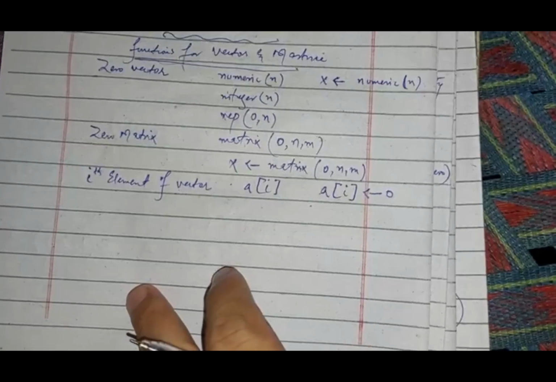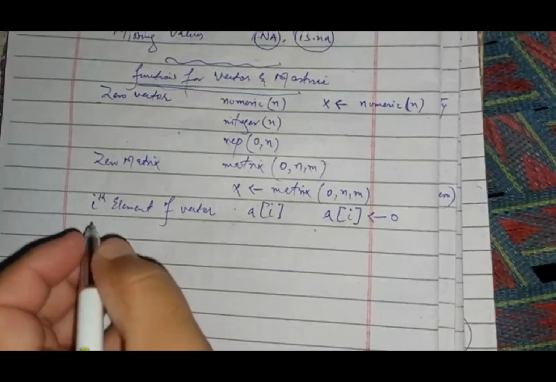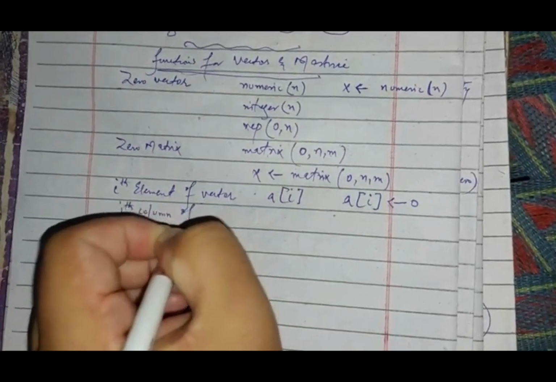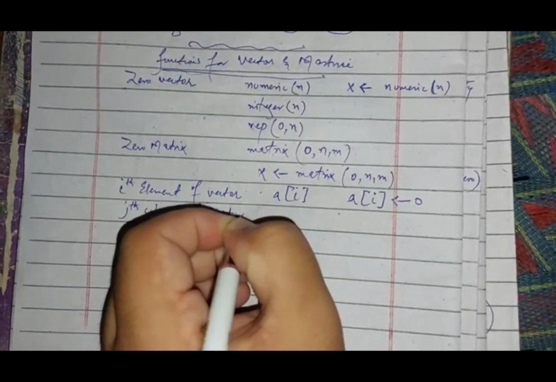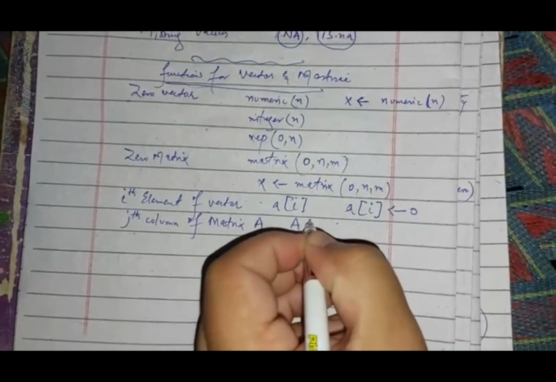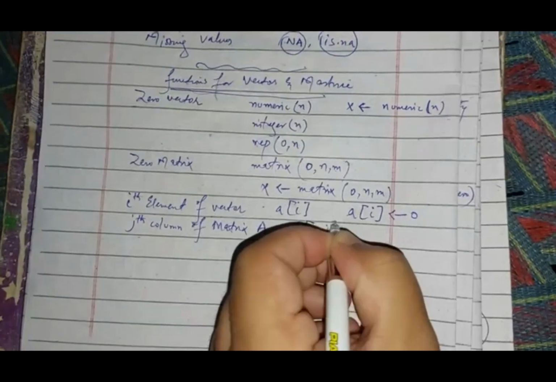Now if you want to define the jth column of matrix A, we can say capital A square bracket and j.